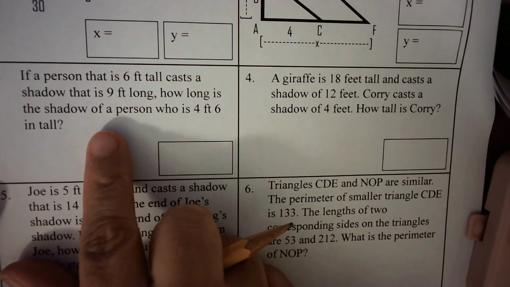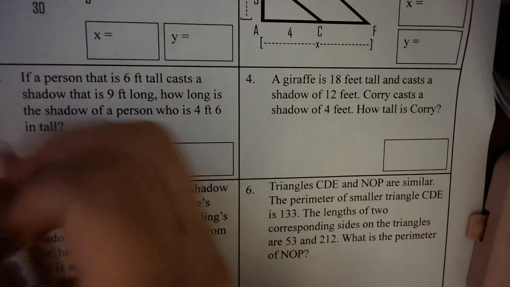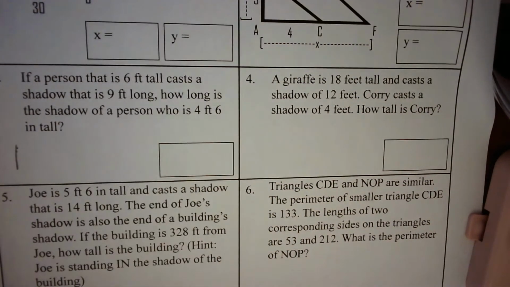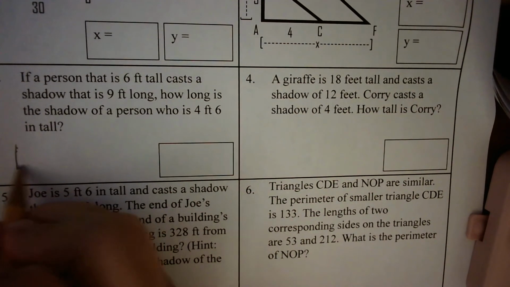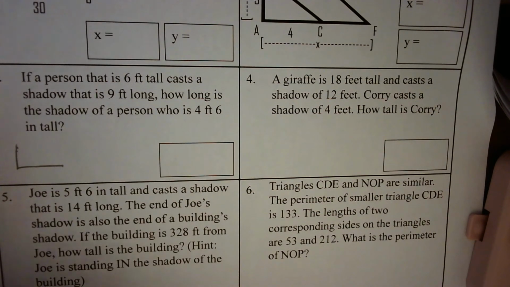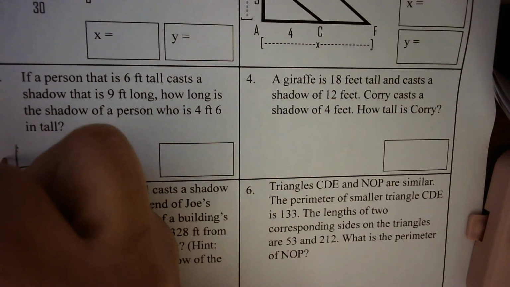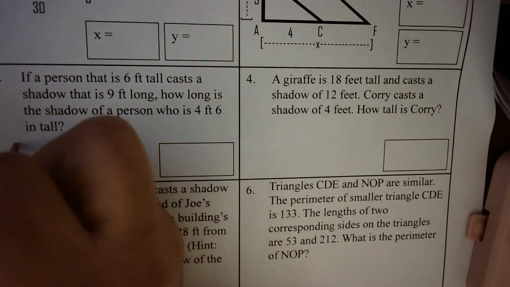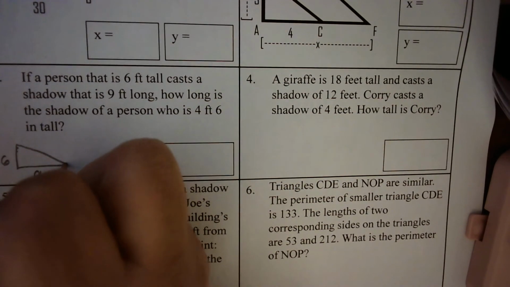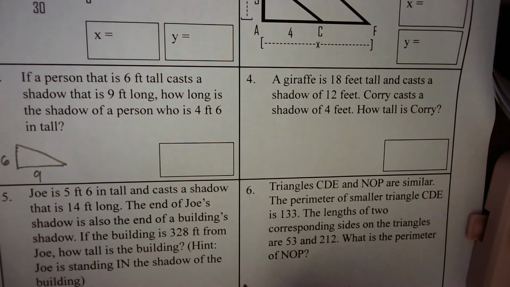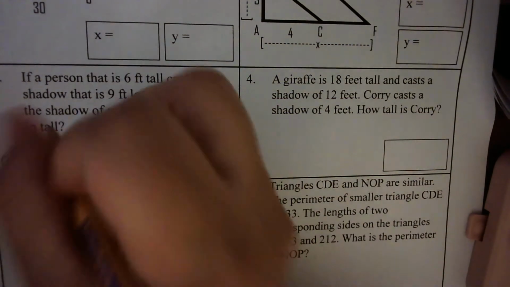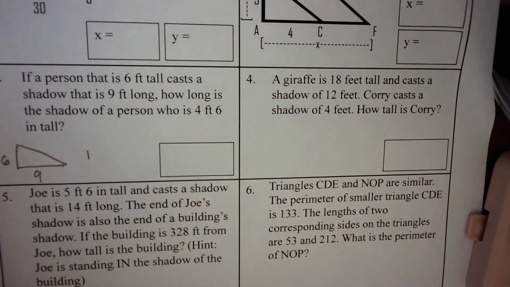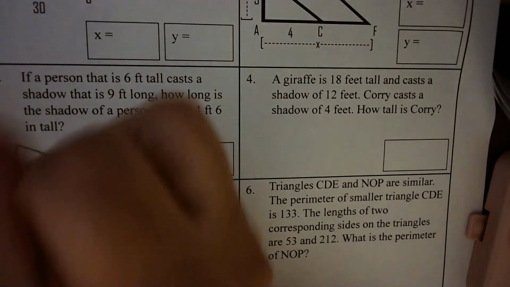So if a person that is 6 feet tall casts a shadow that is 9 feet long, here's your person, and here's their shadow. We call this 6 and that's 9. We're still talking about triangles, like this. And we have another one with the person that is 4.5.